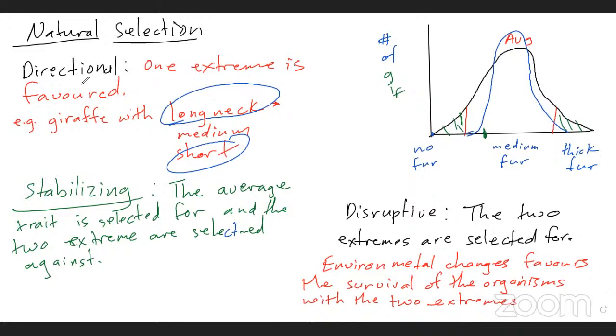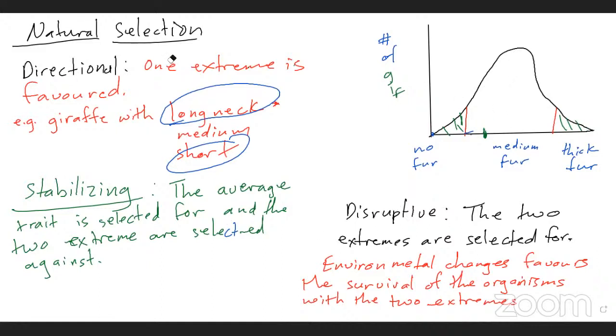So what will happen now? Let me ask you, how do you think the graph will look if the two extremes are selected for? It would go up and then go down, all right?